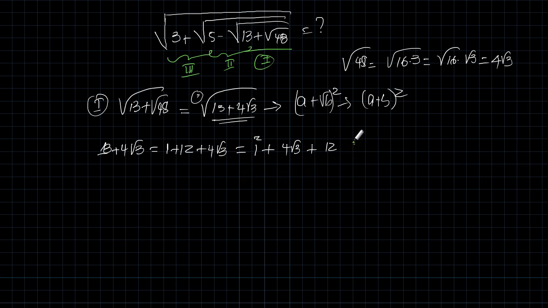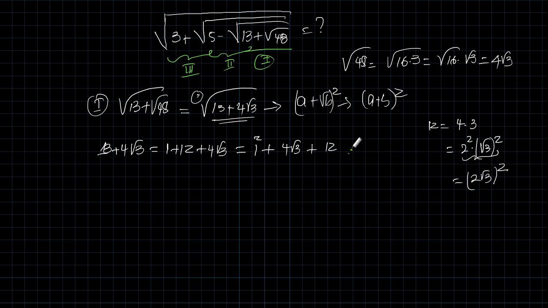How do I transform 12 to be a square? 12 is equal to 4 times 3. So 4 is 2 squared, and 3 is the square root of 3 to the power 2. The bases are different, but the powers are the same, so I have to multiply the bases and keep the power.